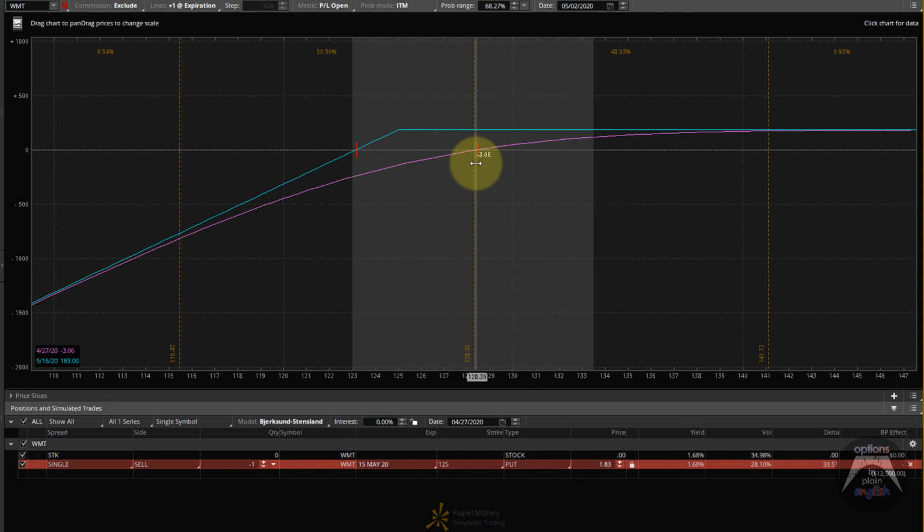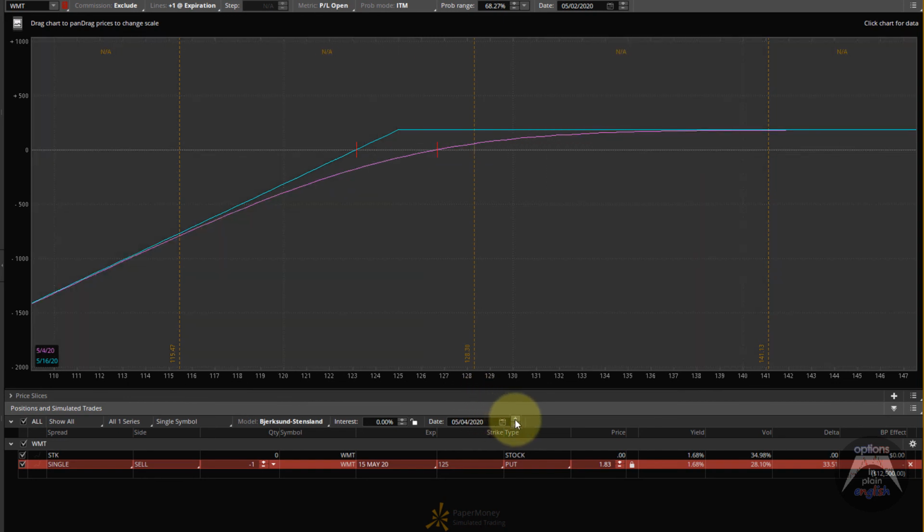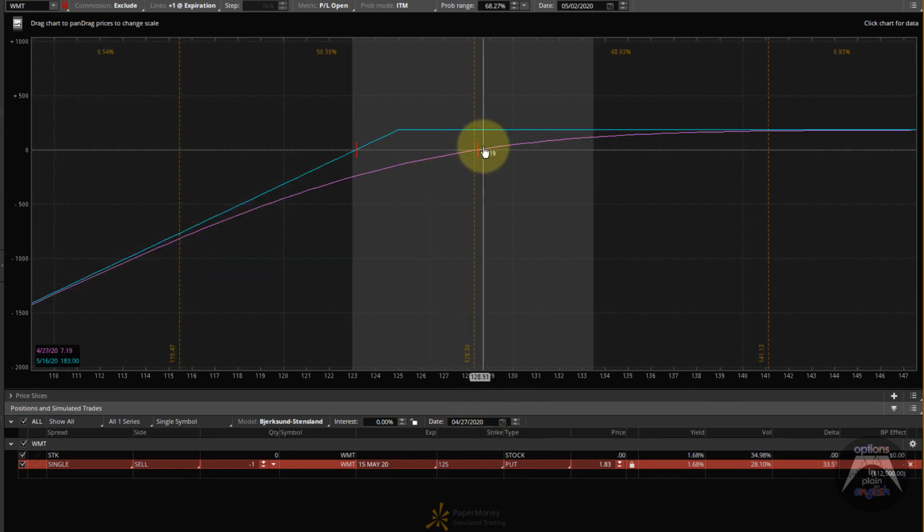This is a neutral to bullish position, because it can stay here and you're going to start making money as time passes. Little by little, it starts approaching the expiration line. So it can stay the same, it can go higher, it can go a little bit lower, and at expiration, it's still going to make money.